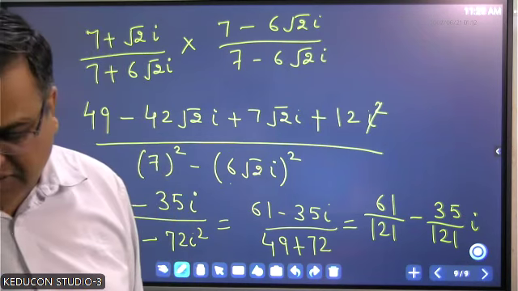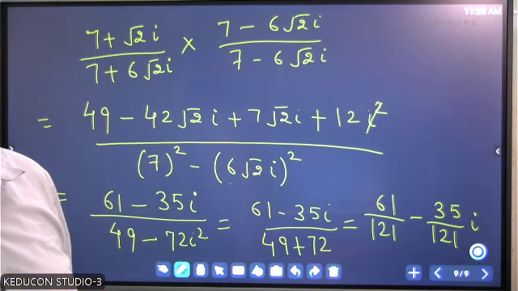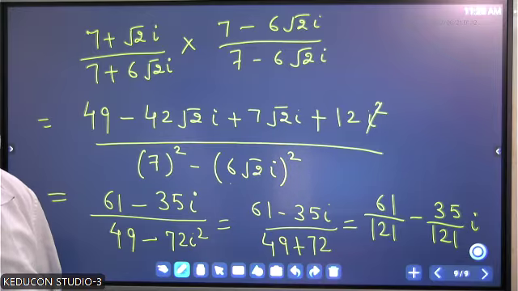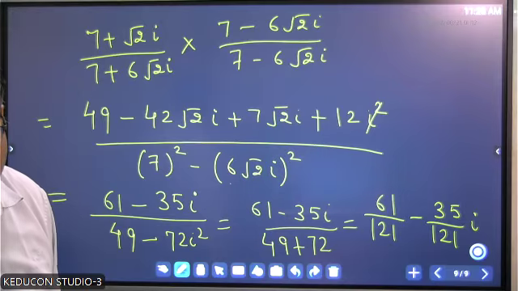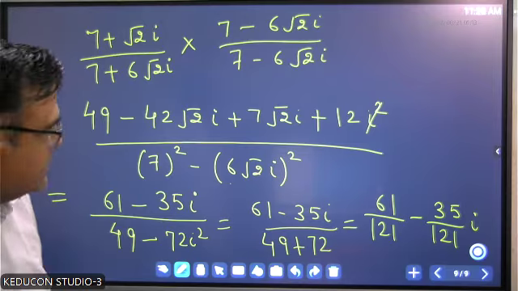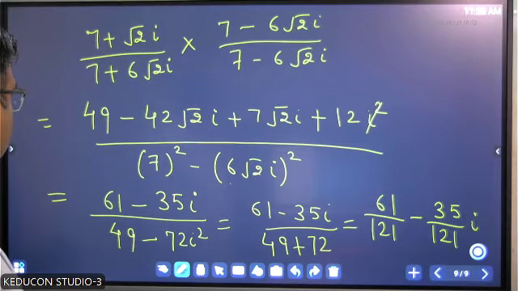Is this clear, students? Any doubt? Please tell me. Any doubt, students? Excuse me, sir, shouldn't it be minus 35 root 2 iota?